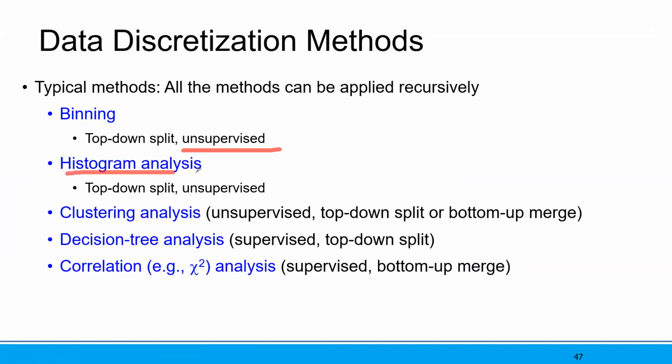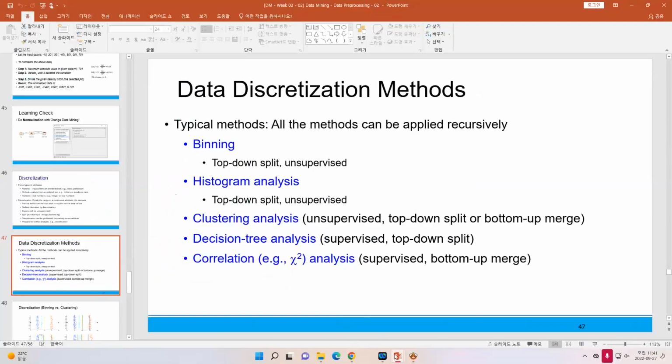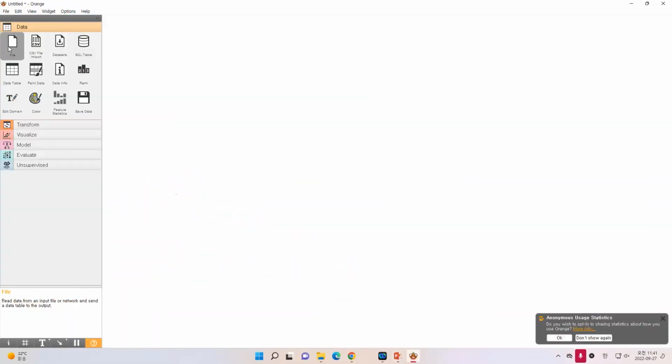We can also do histogram. The histogram analysis is also top-down and it is unsupervised. Because when you create the histogram, you can also find the width. And the width is different if you select different numbers.